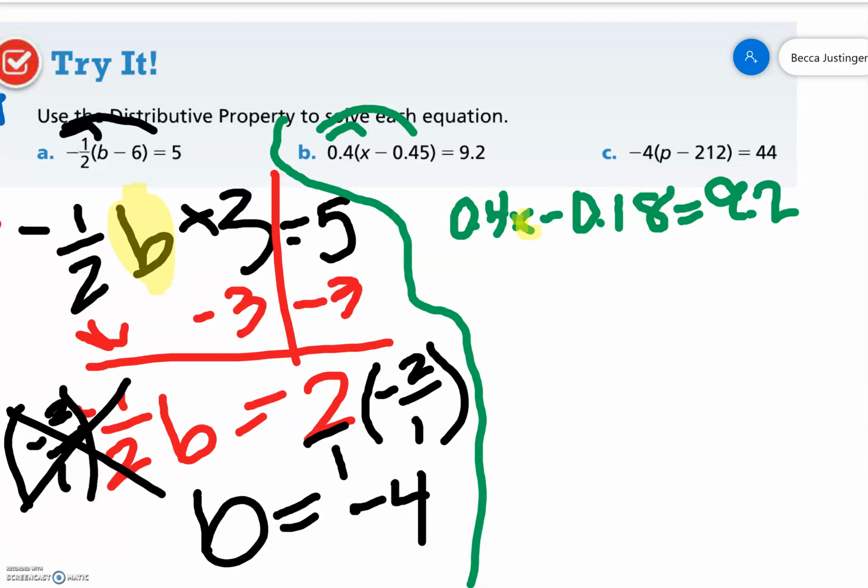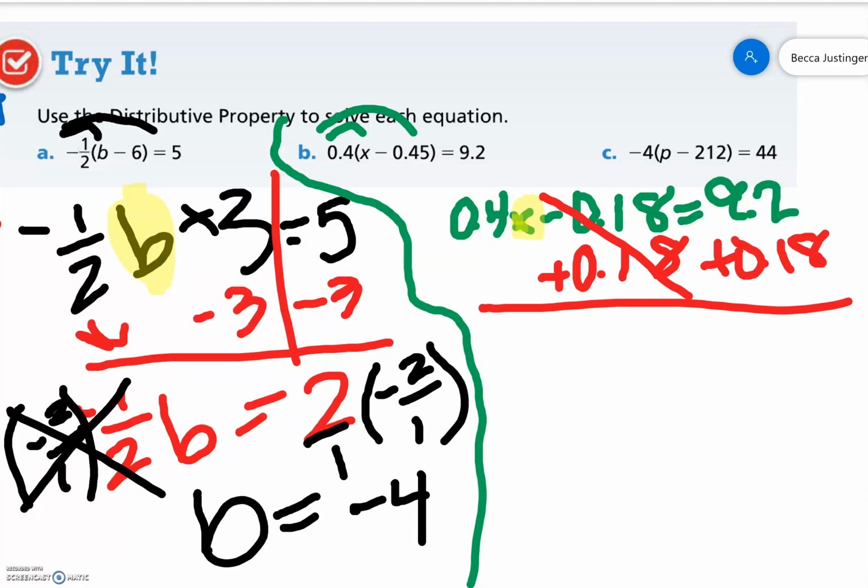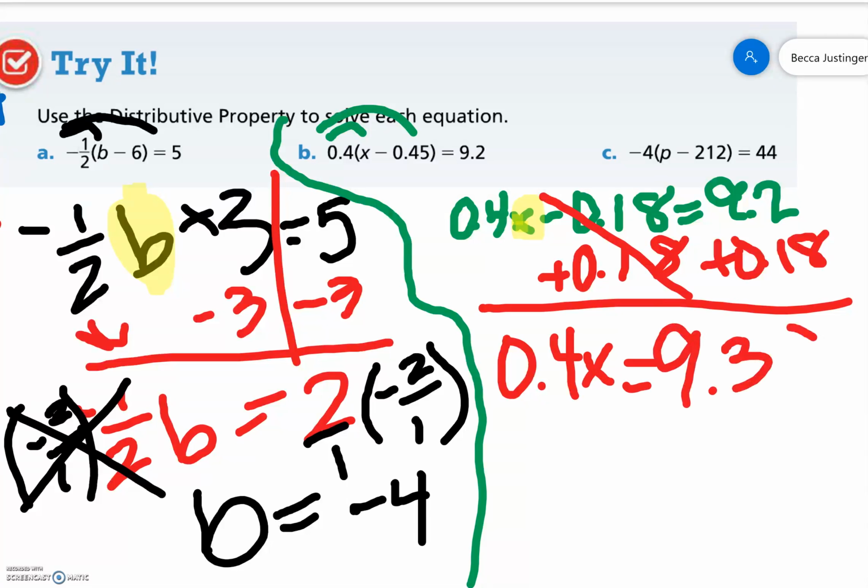Trying to solve for x, I need to get rid of that 0.18 first, but it is negative, so I'm going to add it, inverse operations. So that cancels out on the left, and I get 0.4x equals 9.38. Divide both sides by 0.4.